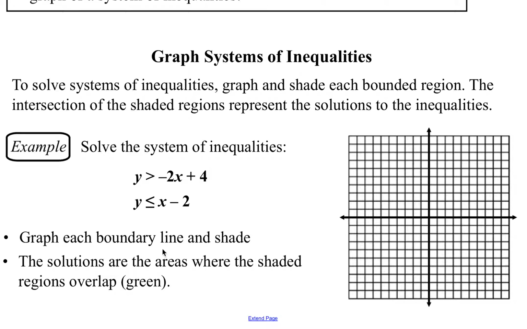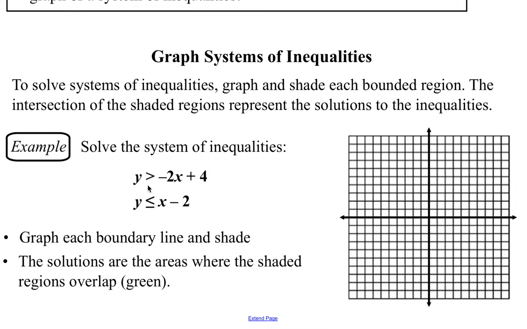So the first step is to graph all of the boundary lines and shade the appropriate sides, and then in some way show where the overlap or the intersection of those boundaries is, and those are all the solutions that are included.